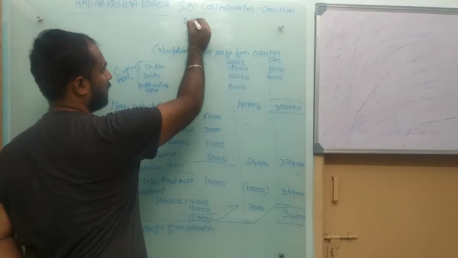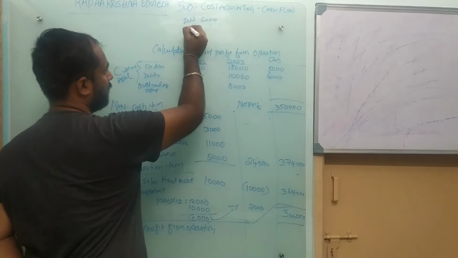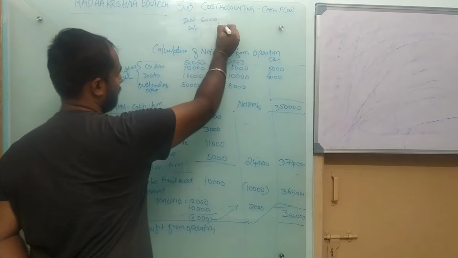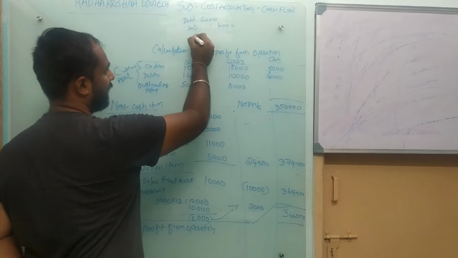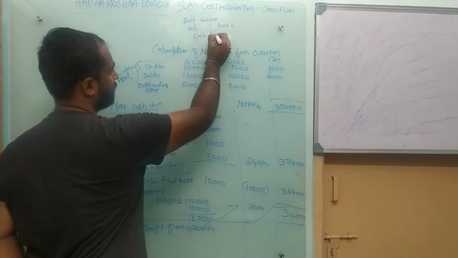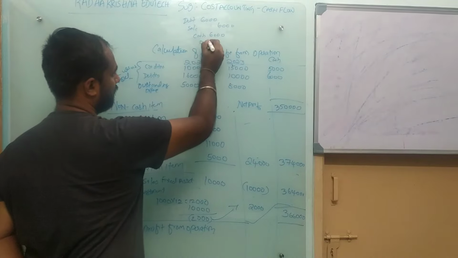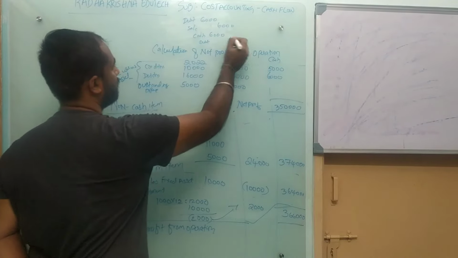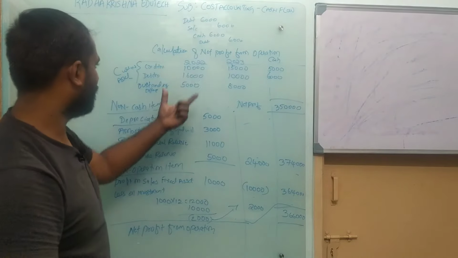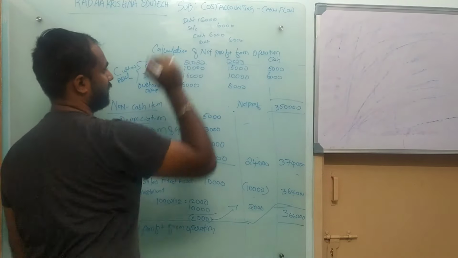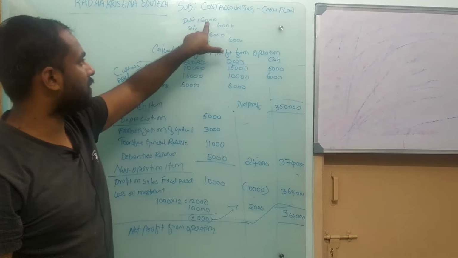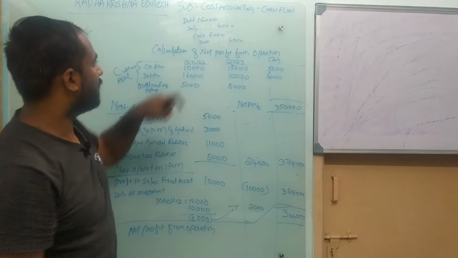Debtor 6,000, sale 6,000. When I receive cash 6,000, debtor 6,000. So opening balance, you think 16,000. For example, this is debtors, sale 16,000.